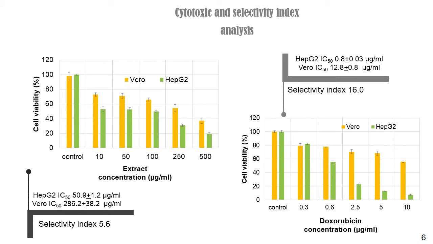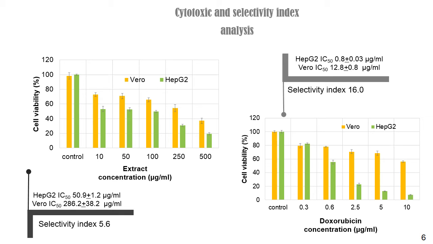The MTT assay was applied to determine cell viability. As you can see in this graph, the extract suppressed Hep-G2 and Vero cell growth with an IC50 of around 50 microgram per milliliter for Hep-G2 and 286 microgram per milliliter for Vero cells, with a selectivity index value of 5.6.